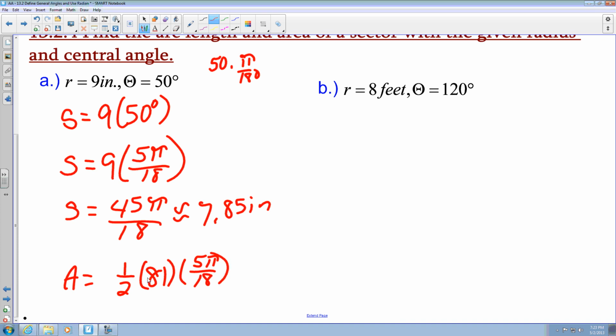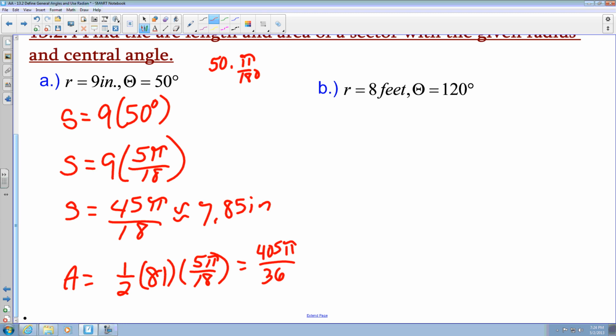Working this out, 81 times 5 gives me 405 pi divided by 36.